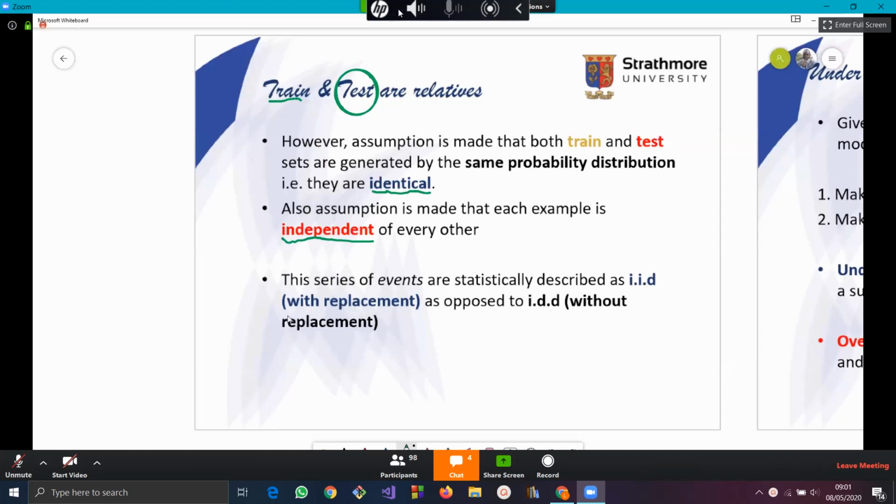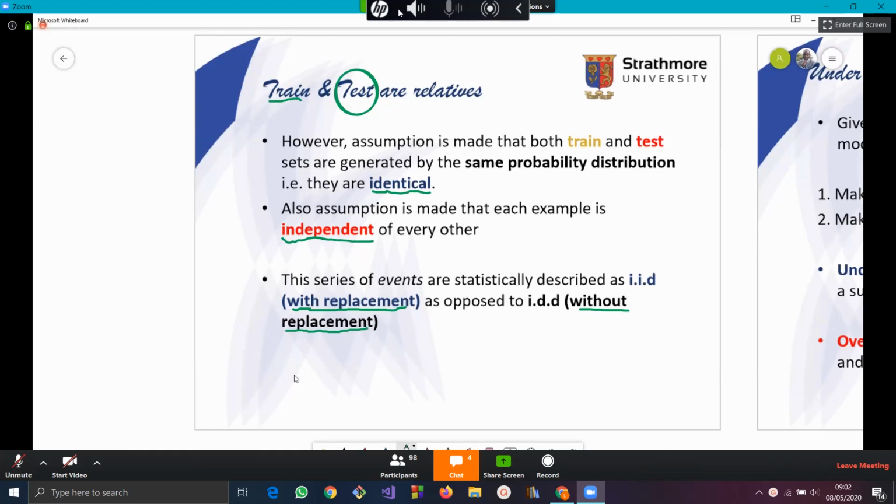This can be best described when we were doing samples with replacement and without replacement. When you're saying with replacement, you're picking balls from a bag and you're returning things in the basket, so the probabilities are not changing.